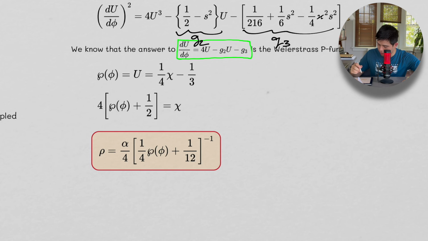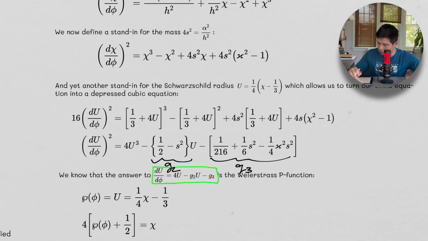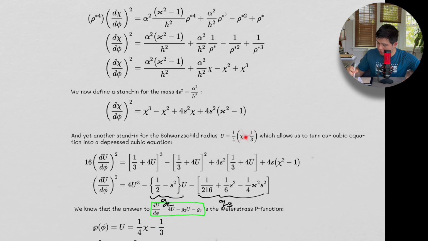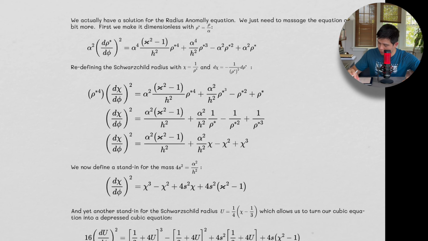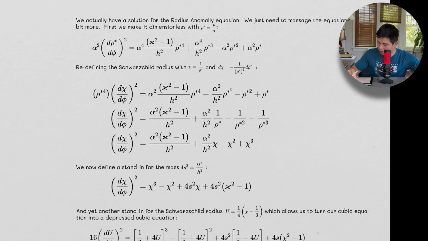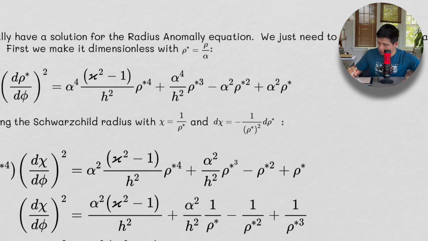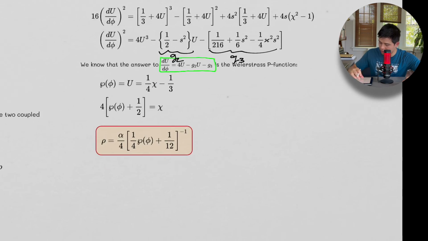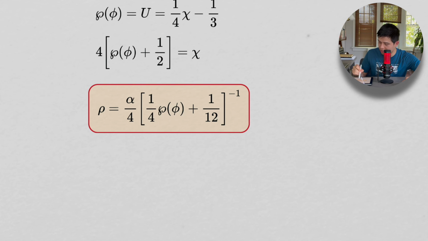However, chi in terms of rho: we know chi in terms of u, we know chi in terms of rho star, and we know rho star in terms of rho. So we do all those substitutions, and I'm saving you the time and energy, but this is what you end up getting. This is rho as a function of theta, where this is some function that you can just look up in a table.